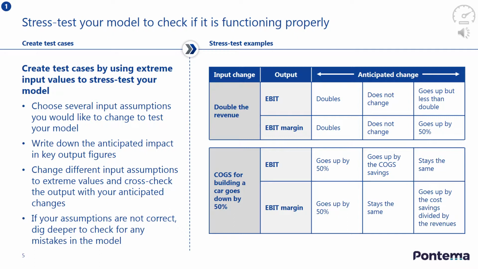Then, change the different input assumptions to extreme values and cross-check the output with your anticipated changes. If your assumptions are not correct, dig deeper to check for any mistakes in the model. Some examples of input changes and anticipated changes are shown on the right hand of the slide.